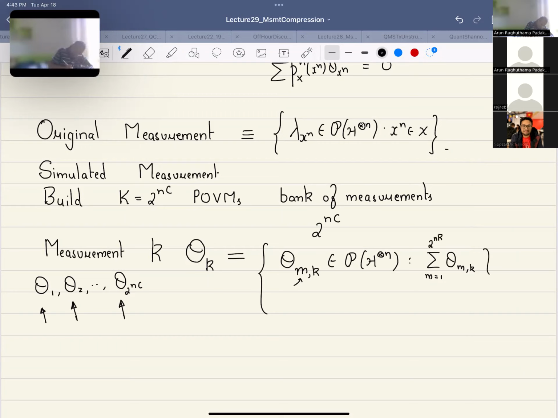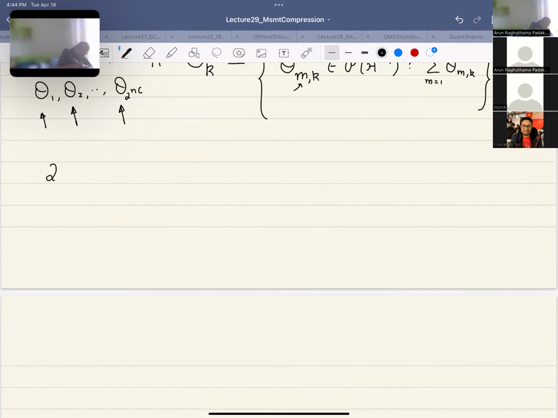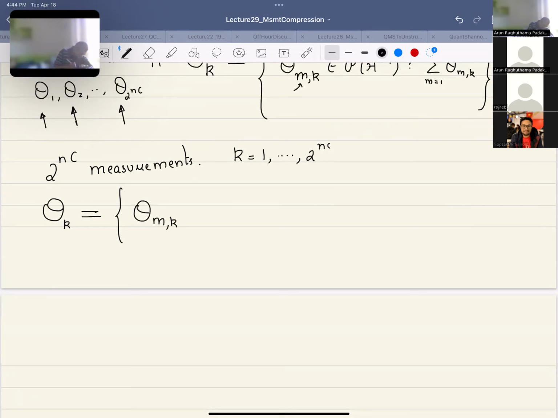Okay, so I'll state this once again. I'm creating a bank of 2 power nC measurements. The index of the measurement in the bank is k, and it goes all the way from 1 to 2 power nC. Suppose I take the kth measurement, I'll call it theta_k, and it has 2 power nR operators, theta_{m,k}.